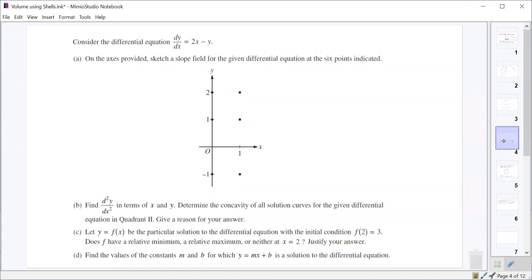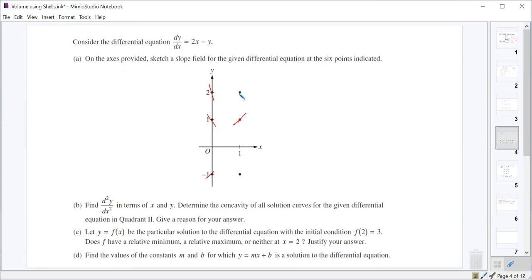All right. Sketch the slope field. First step. Sketch the slope field, 2x minus y. So, let's just plug in the points. 0, 1: negative 1. 0, 2: negative 2. 0, negative 1: positive 1. And 1, 1: 1.